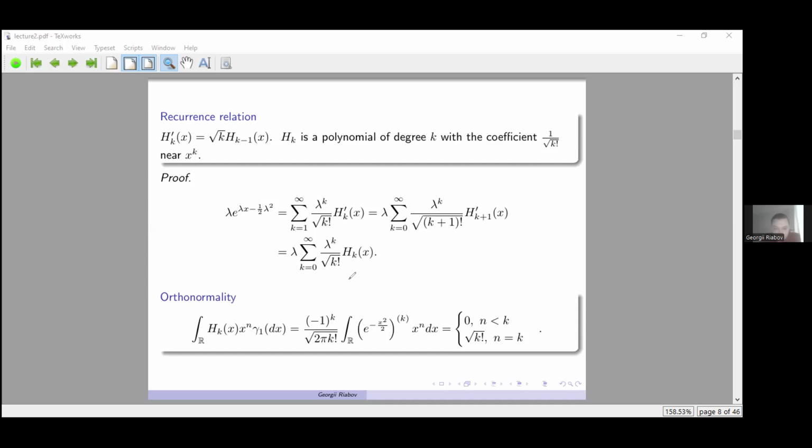So the kth Hermite polynomial is minus 1 to the power k divided by root of k factorial, exponent of minus x squared over 2, kth derivative, times x to the power n, and the density of gamma is 1 over root of 2 pi e to the minus x squared over 2 dx.